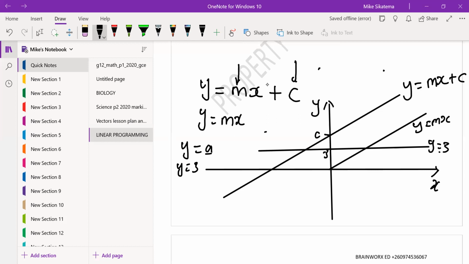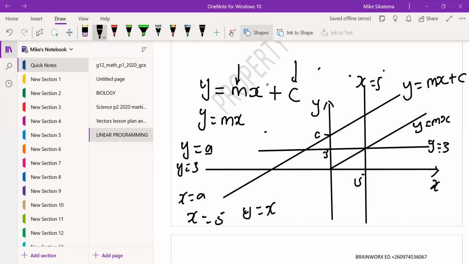The other line that you're going to encounter is x equals a. This line will be parallel to the y-axis, to be this line here. For example, if they say x equals 5, that will be 5 there, meaning this will be the line x equals 5. Maybe the last line will be y equals x.